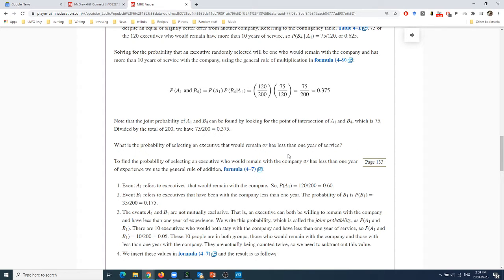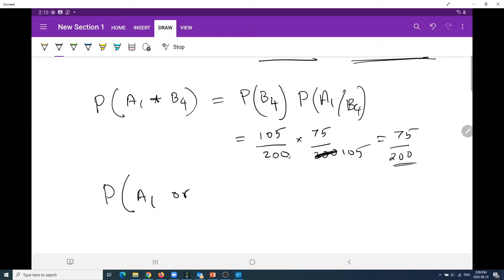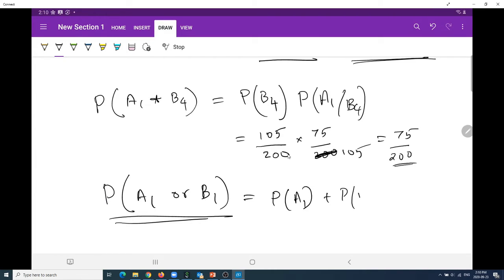So now we are trying to do the probability of remain, which is A1, or has less than 1 year of service, which is B1. So this becomes the probability of A1 plus the probability of B1 minus the probability of A1 intersection B1.